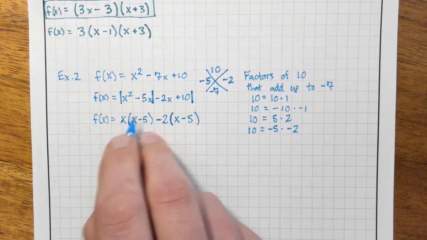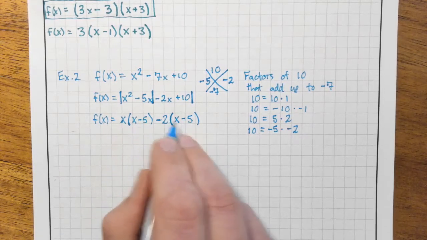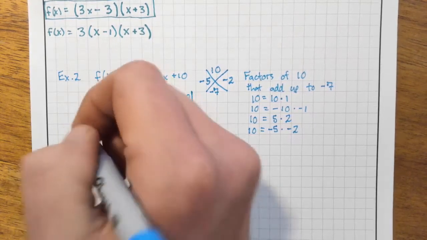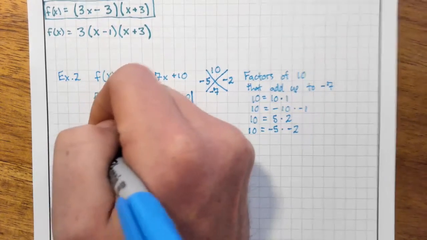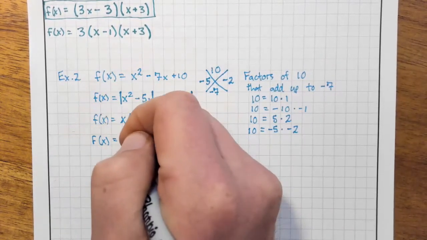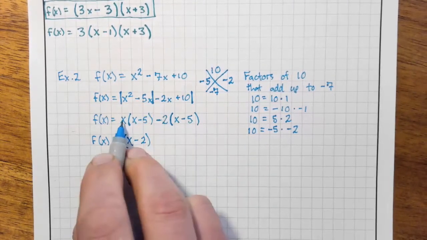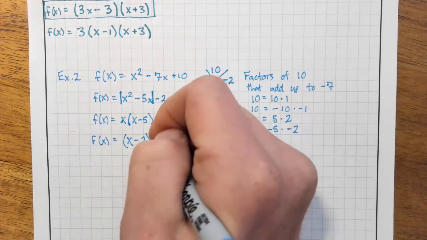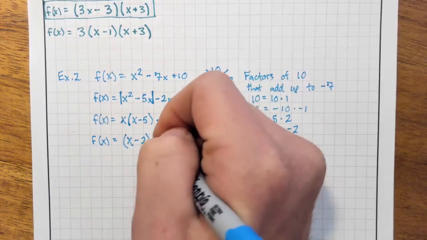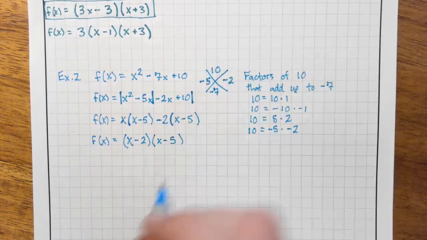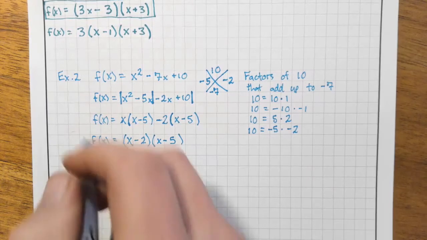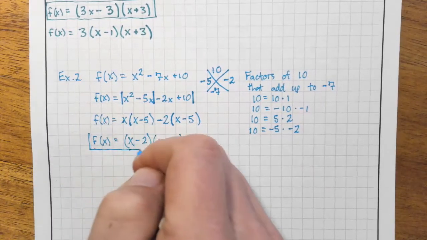After factoring, I want this to be exactly equal to this. And then I can just rewrite these because I know that both my x and my negative 2 are being multiplied by x minus 5. And that's it. There's nothing else to factor out. That is absolutely all this function would become.